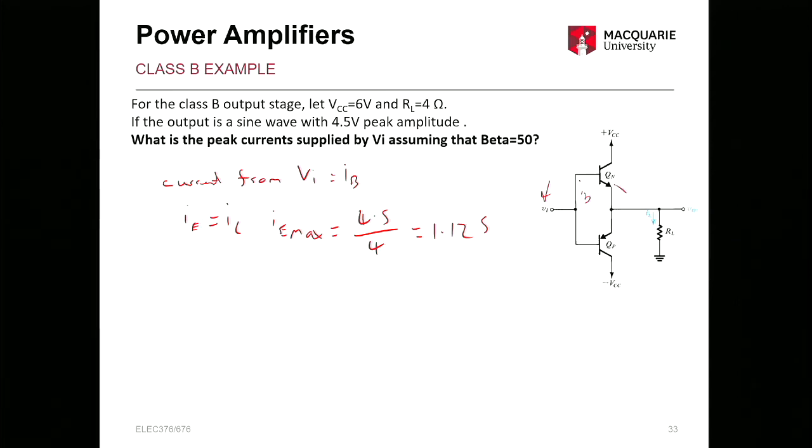Then we just need to remember how all the currents relate to each other. So IB is equal to IE divided by 1 plus beta, okay? So that equals 1.125 divided by 51, 22.1 milliamps.